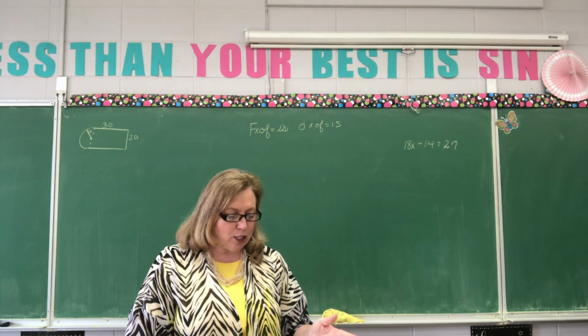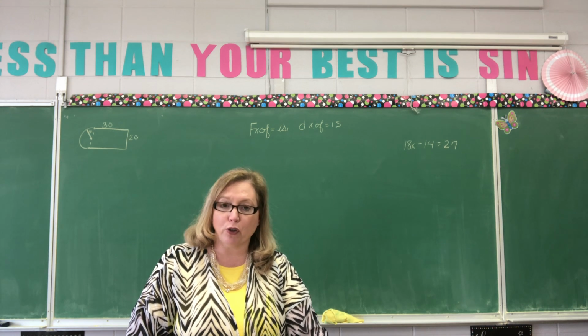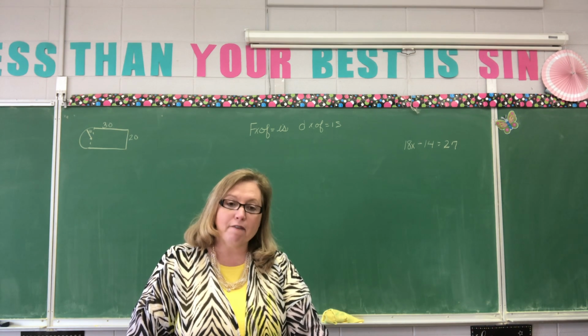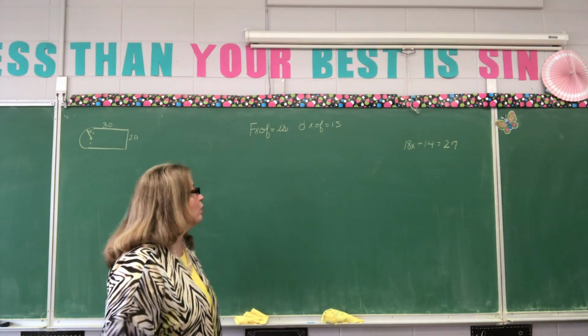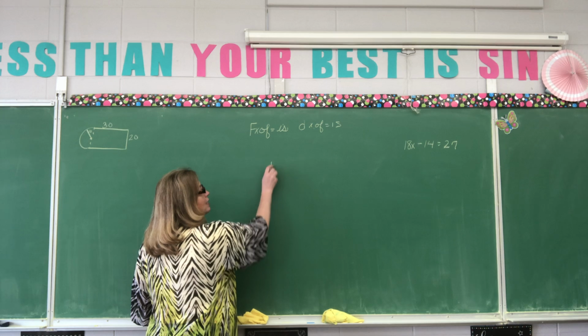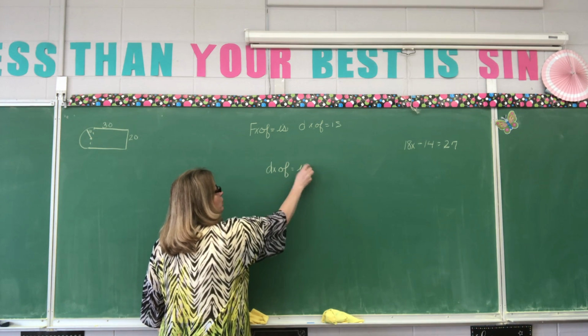Now, today's problem is, what is the decimal of 930 is 558, okay? So the first thing we're gonna do is we're gonna write down our pattern. We're gonna say the decimal times the of equals the is.